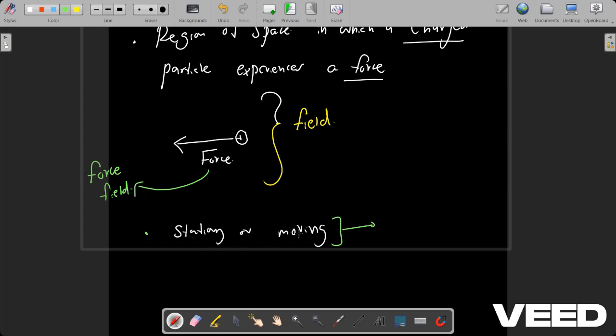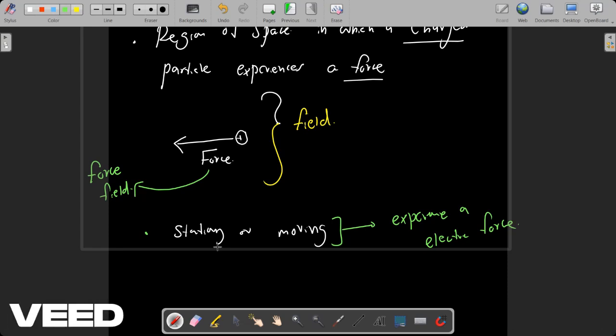Whether it is stationary or moving, it will experience an electric force because it has a charge. Because of having a charge, whether it is stationary or moving, it will have a force. It is called electric force.